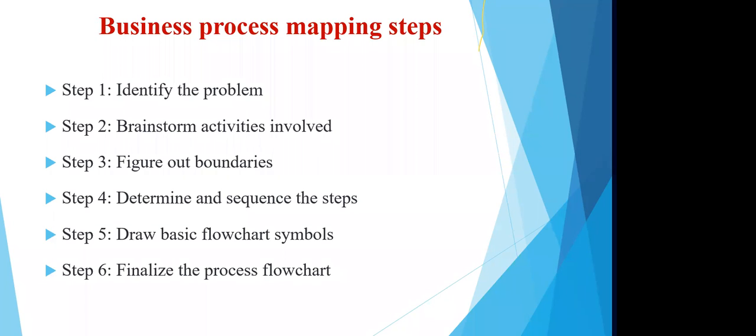Arrows would be showing the direction in which the activity is going. Diamonds should be utilized to show the decision points, or a parallelogram could be used to identify the inputs required and the output given by the process for which you are mapping, right?